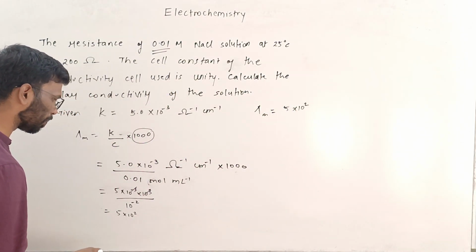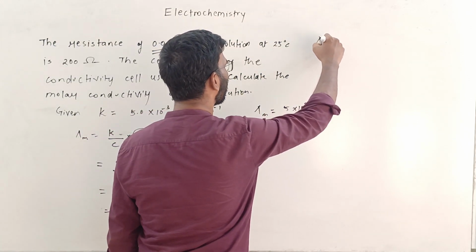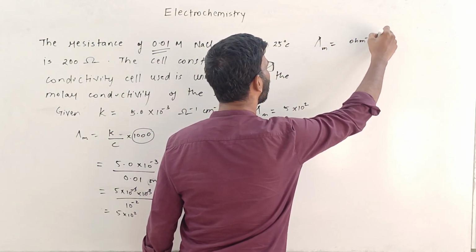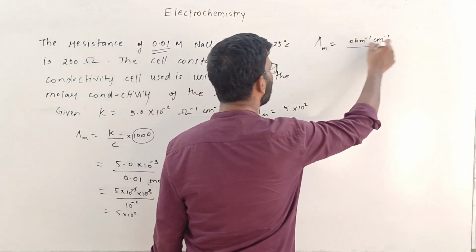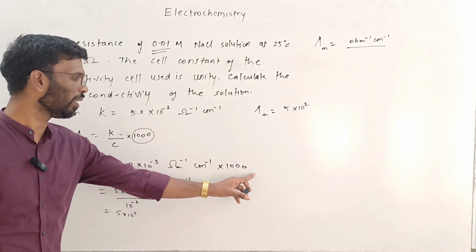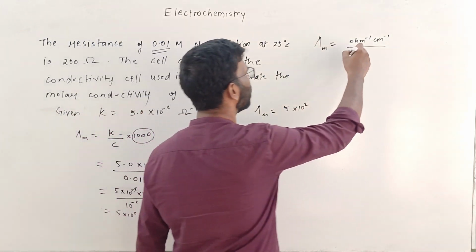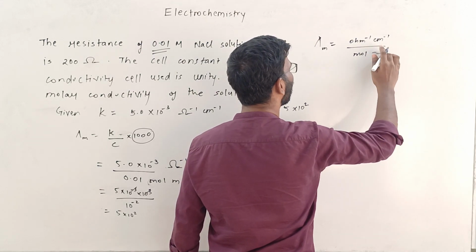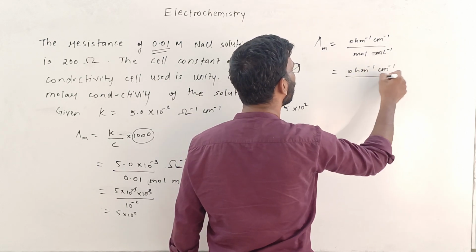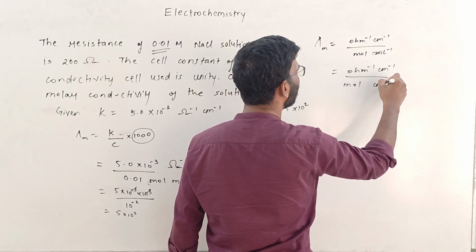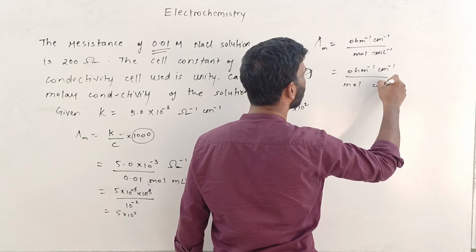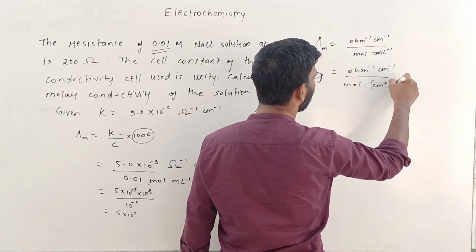Now what will be the units? Let's check the units. For lambda m, the unit of conductivity was ohm inverse per centimeter, and the unit of 0.01 is moles per liter, which I converted to moles per ml by considering the conversion factor. So ohm inverse, centimeter inverse, mole inverse, centimeter, and ml means centimeter cube raised to minus 1.